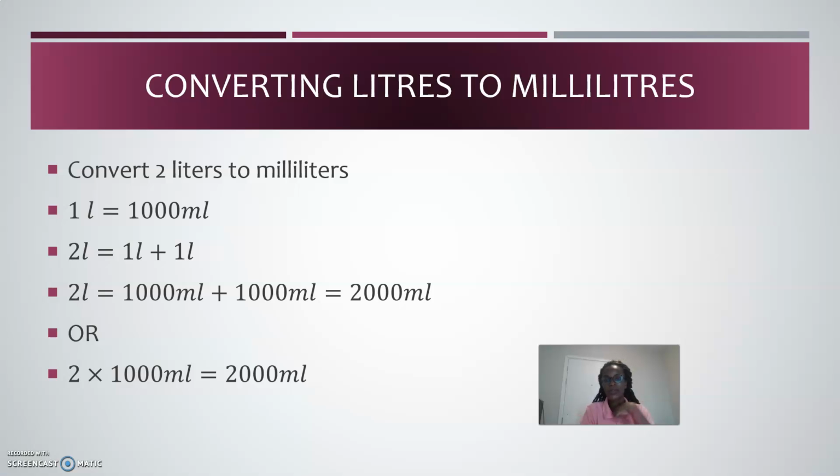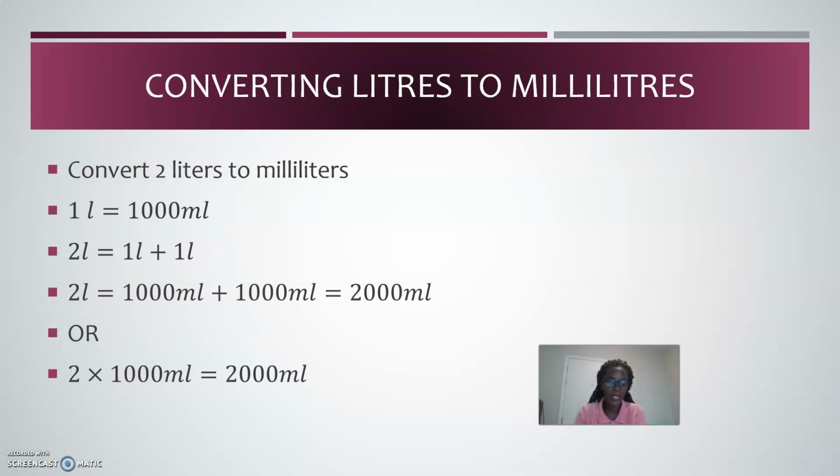So today I want us to convert from liters to milliliters, and then in our next lesson we'll convert from milliliters to liters. Now, I don't know if you want to stop the video right now and go back to your books, but I remember telling you guys to put this in your notes, that when you are converting a bigger unit to a smaller unit, you always multiply.